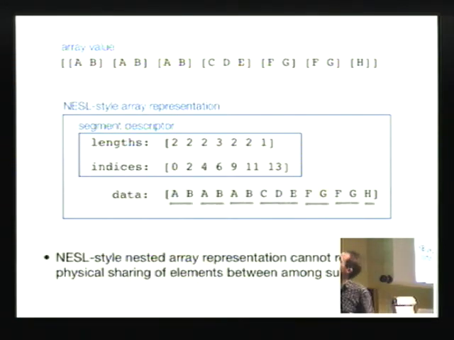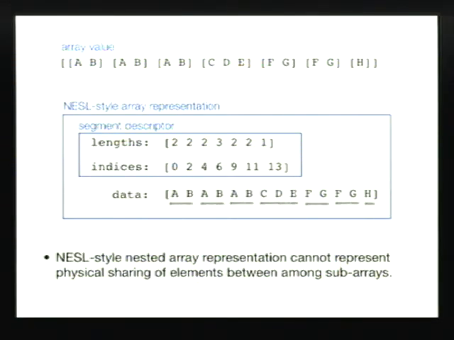Now, there's a problem with the array that was produced by replicates, in that I said partial application is all about sharing, but the array representation which Nestle uses, which we inherited from Nestle, cannot represent sharing.